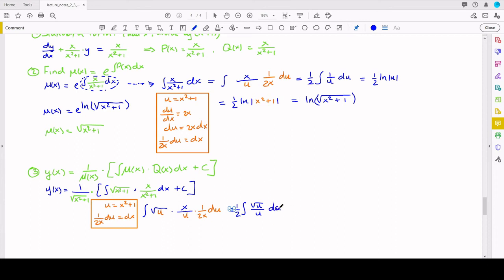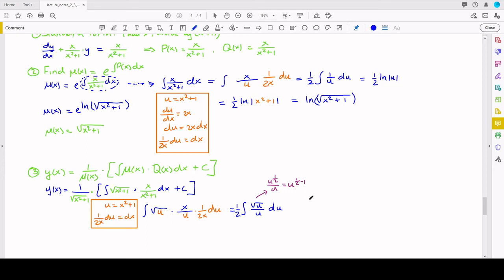Now just realize that square root of u is just u to the power 1/2. And so we can simplify this a bit more. We just think of this as u to the power 1/2 over u, and that's the same as u to the power 1/2 minus 1.